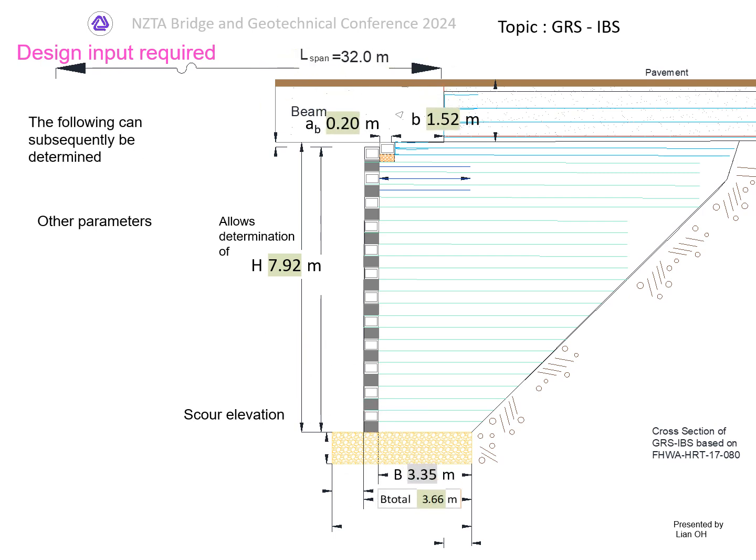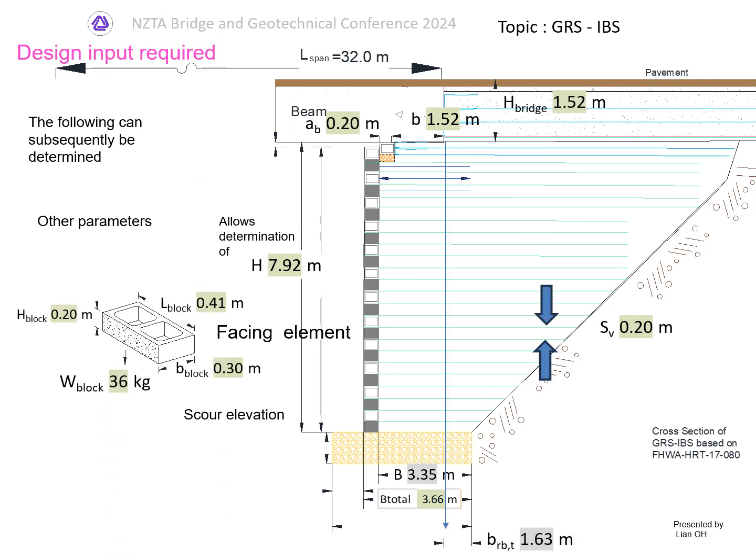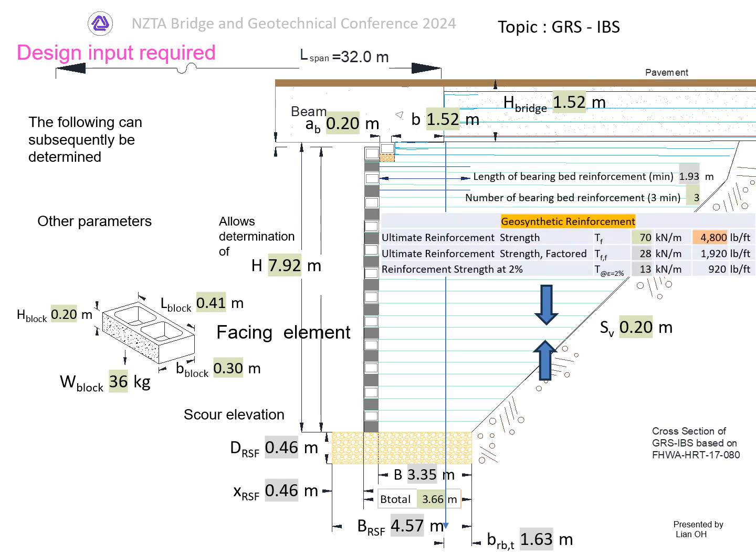Other parameters are the spacing of the reinforcement, the height of the bridge, and the information of the spacing elements. This allows the reinforced soil foundation to be obtained. Finally, there are the specifications of the geosynthetic reinforcement.